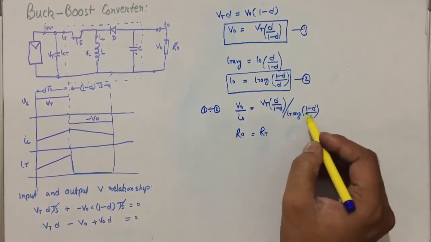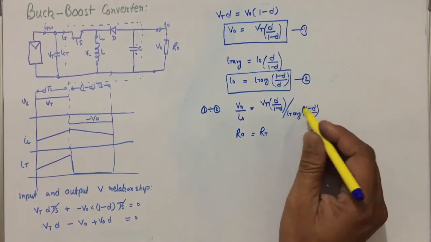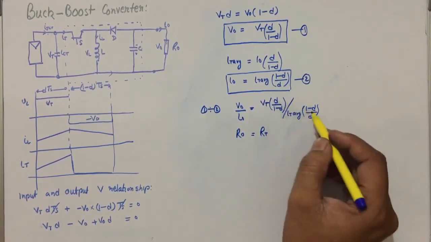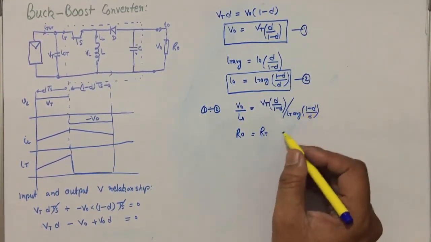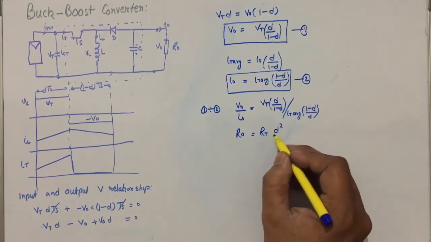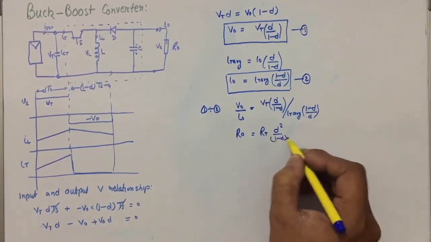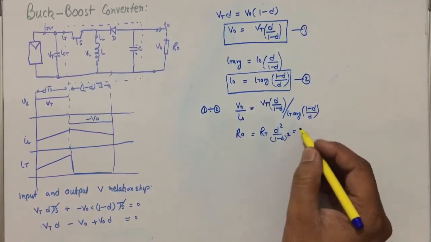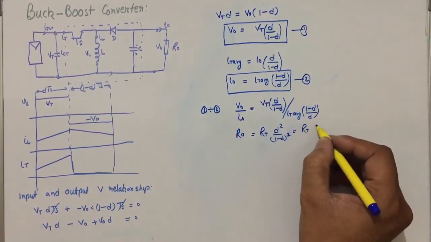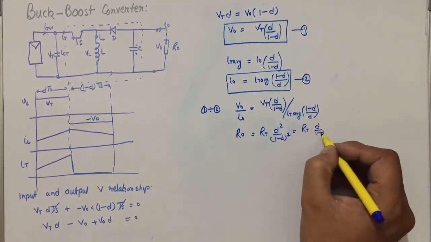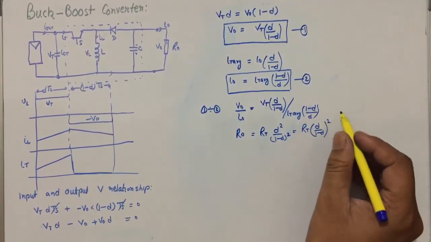If we simplify this, these two will be the outer term and this will be the inner term, so it gives D square divided by 1 minus D square. Further we have RT equal to R naught times D by 1 minus D, squared.